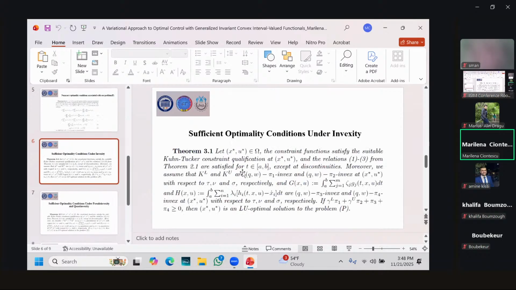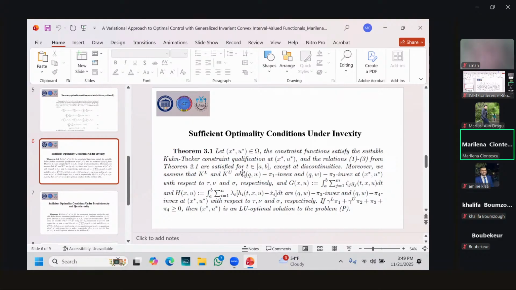And we continue with sufficient optimality conditions under convexity, and under pseudo-convexity and quasi-convexity. The first theorem sounds like this. We have a feasible solution (x star, u star), and the constraint function satisfies the Kuhn-Tucker constraint qualification at this point, and relations 1, 2, 3 from the theorem above are satisfied.